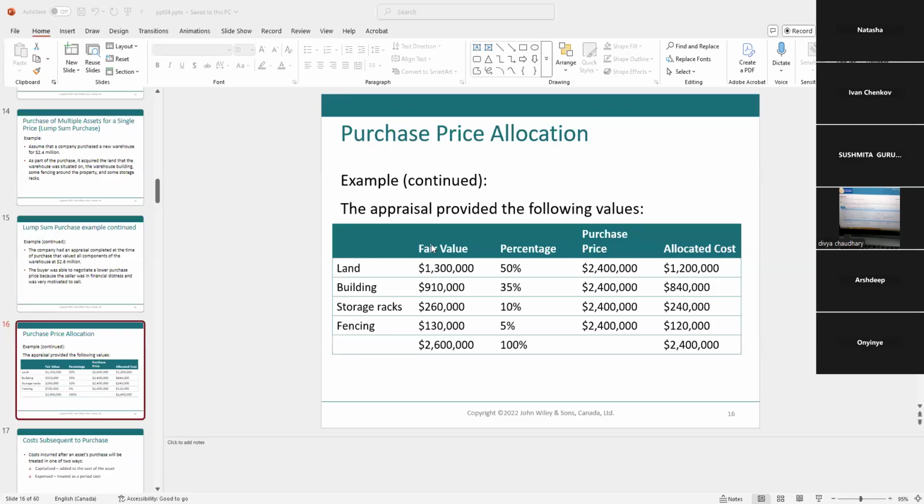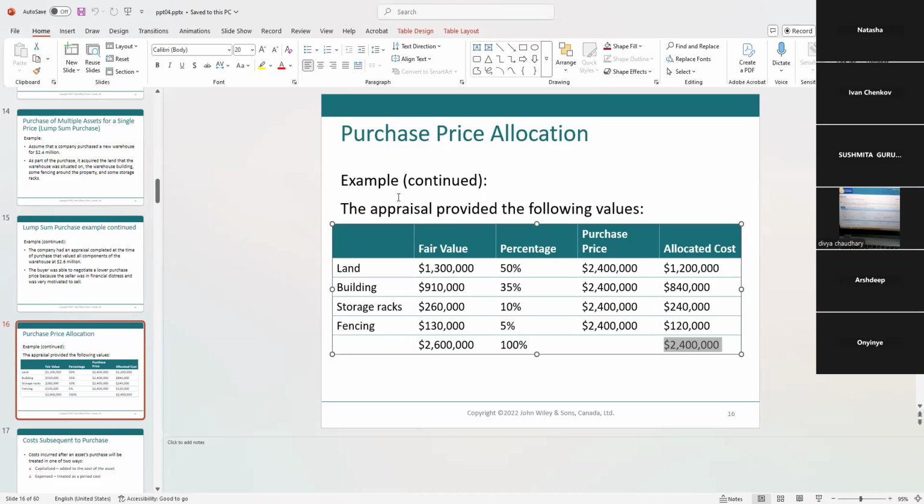So I was talking about this one on the asset allocation. Again, you're going to purchase assets for a certain amount that you're going to pay, and then you're going to be given the fair value. So basically, what you have to allocate is based on the cost that you pay, to allocate how much of the total amount that you pay will be allocated to the first, second, third and fourth asset.